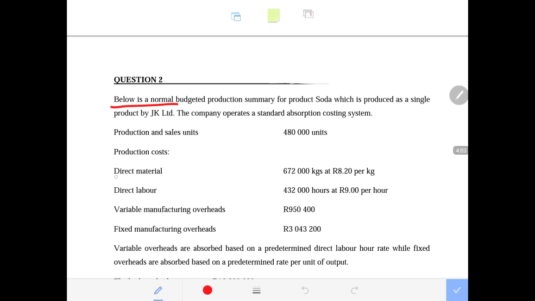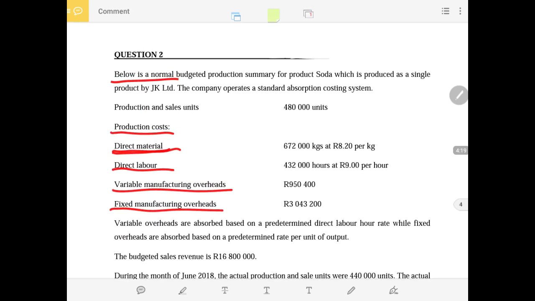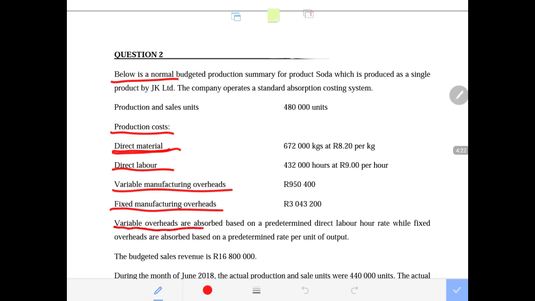We are then provided with the production cost information regarding the direct material, direct labor, variable manufacturing overheads, and fixed manufacturing overheads. Then let me just proceed because I'm looking for something that is not here. Variable overheads are absorbed based on a predetermined direct labor hour rate, meaning our variable manufacturing overheads are based on direct labor hours, and we already have our direct labor hours as 432,000 hours.